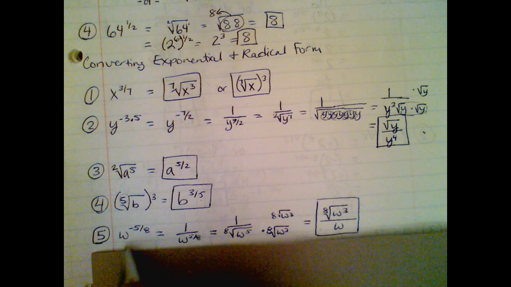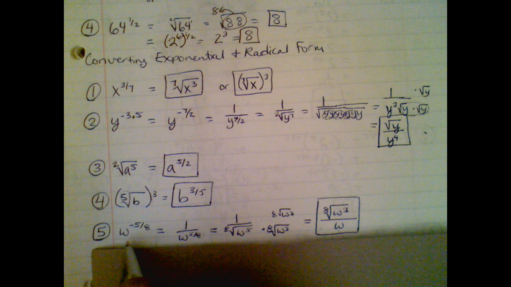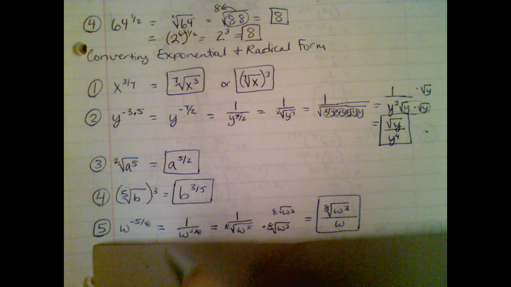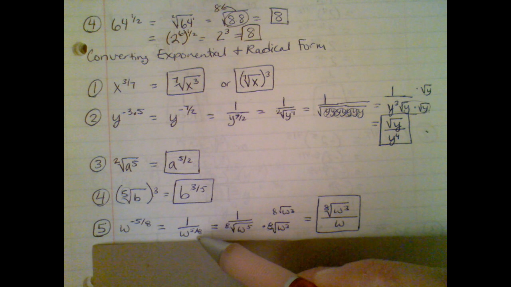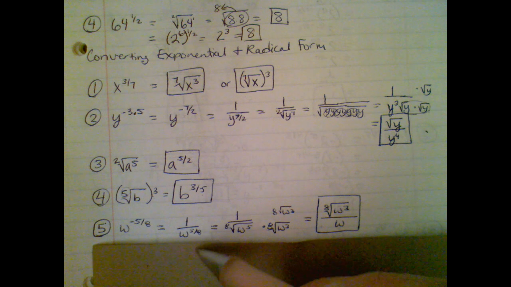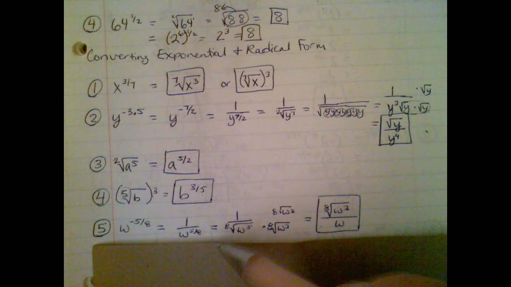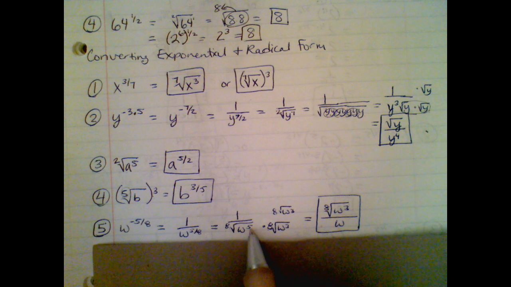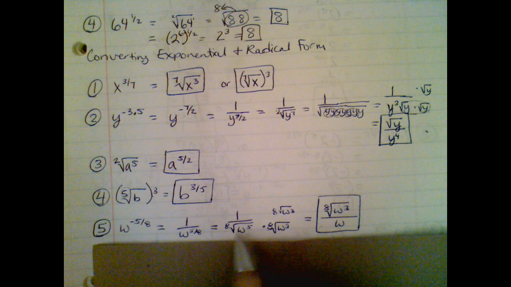This next one, again, it's a negative exponent. We can't leave it with a negative exponent, so we're going to change it to positive to start with by moving it across that division bar. So then we have w to the 5/8 power. We're going to switch it to radical form, so the 8 goes as our root, the 5 goes as our exponent. We have 5 w's. We need 8 of them.